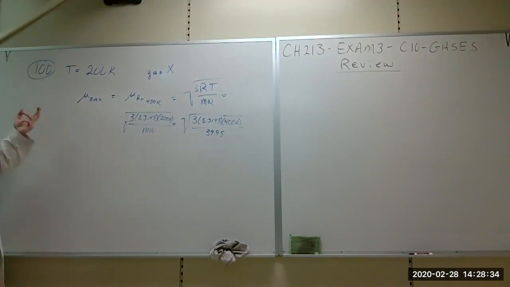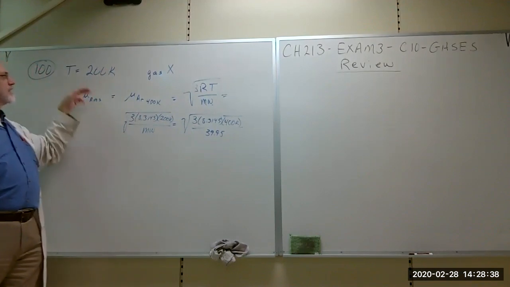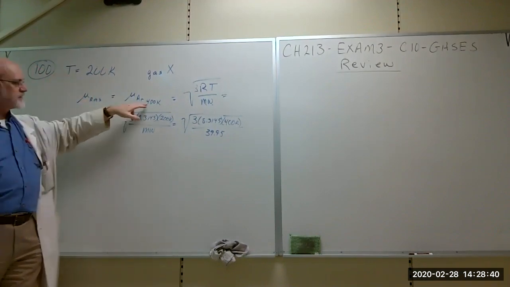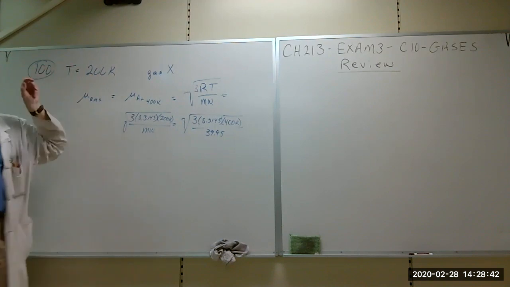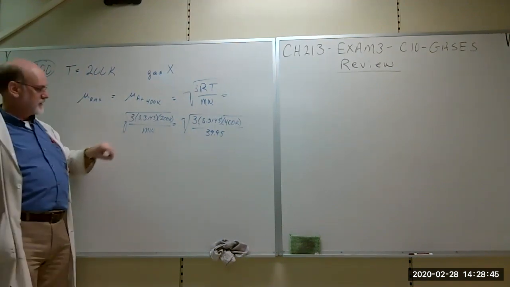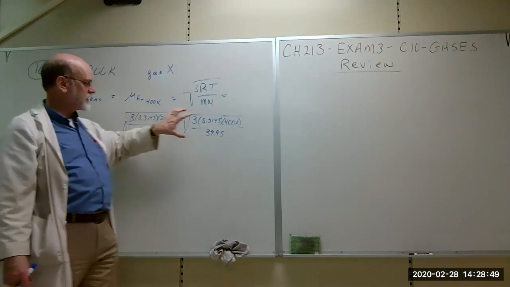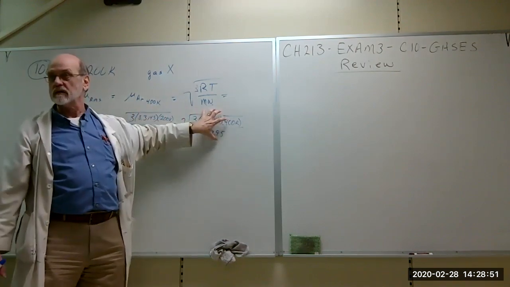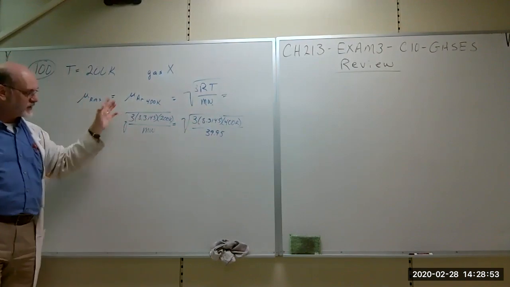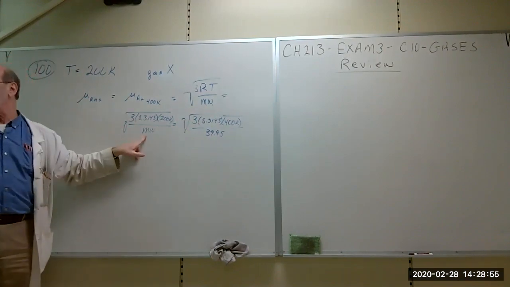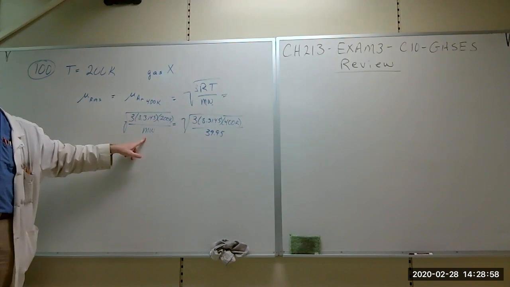The root mean square velocity of this unknown gas is the same as argon at the other temperature. So this root mean square velocity is the same for the unknown gas as it is for argon. So now we set them equal to each other and solve for molecular weight or molar mass.